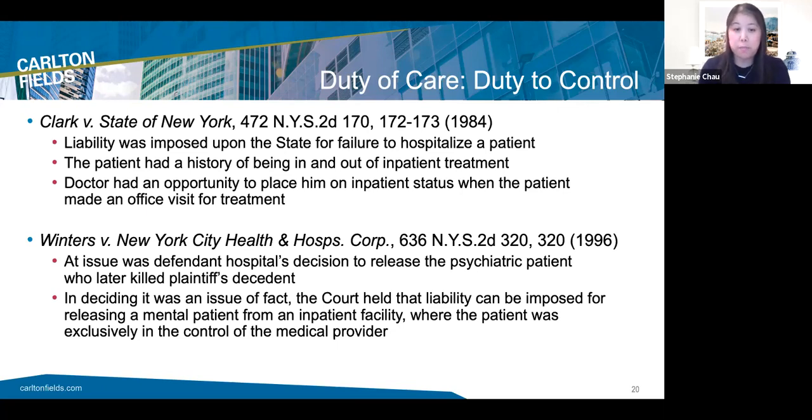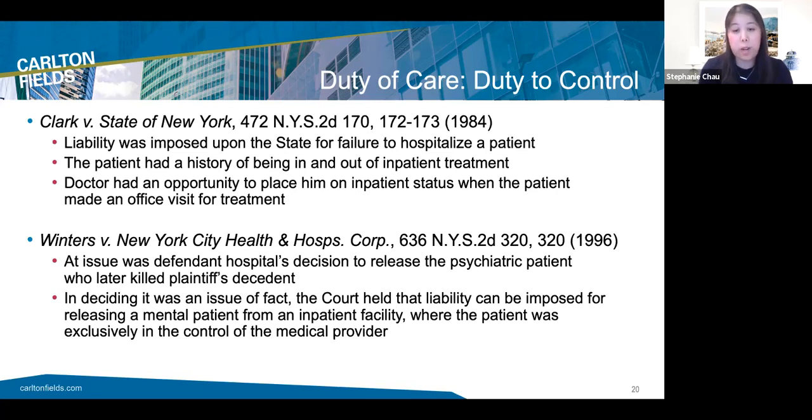So again, where the practitioner has a measure of control over the patient, there was a duty to control the patient. And then similarly, in the next case, Winters, at issue was the defendant hospital's decision to release the patient, who later killed the plaintiff's decedent. It was the estate suing the hospital. And in deciding that, the court held that liability can be imposed for releasing the mental patient because the patient was exclusively in the control of the medical provider.